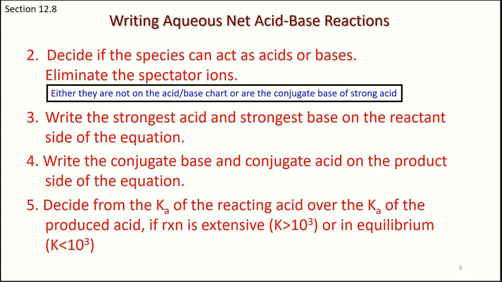Remember, if this has a value of K greater than 1,000, then we would just use the forward arrow. If the value of K of reaction is less than 1,000, we will use the equilibrium arrow.